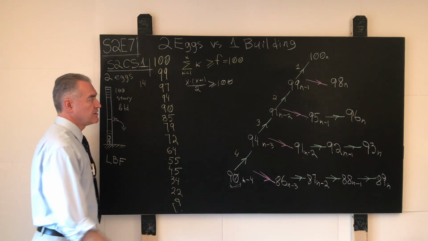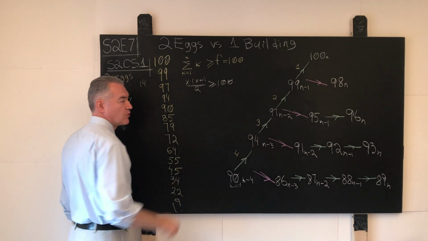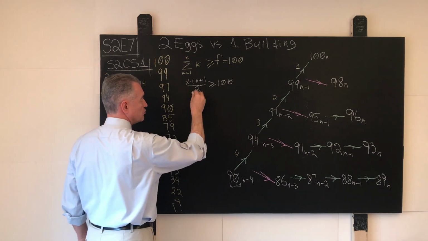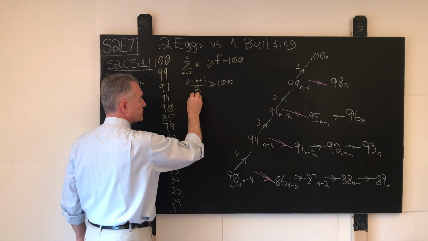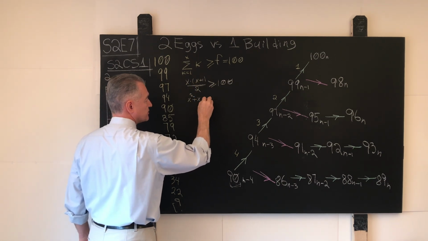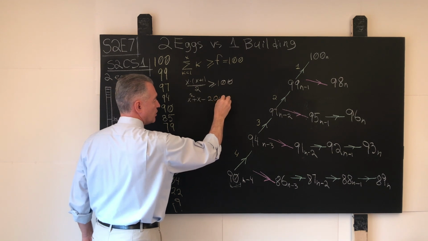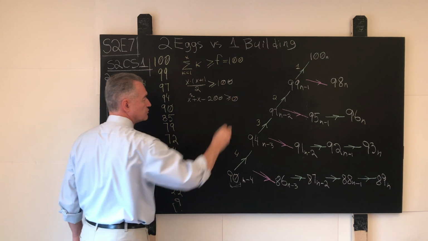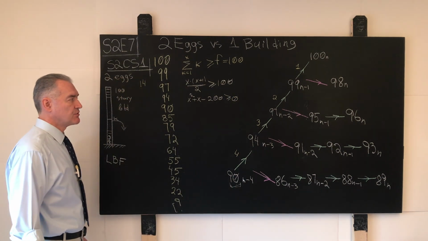And at this point, it's quite straightforward to solve this inequality. Once we multiply it through by 2, we get x squared plus x minus 200 greater than or equal to 0.